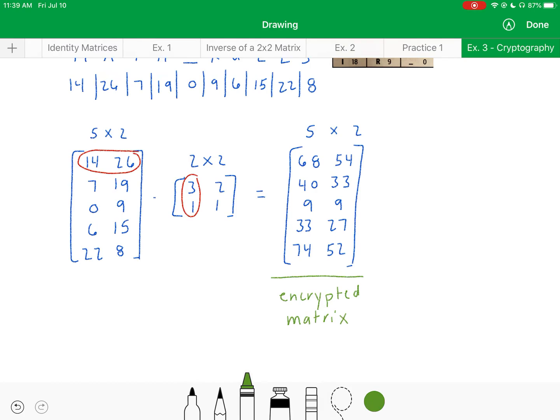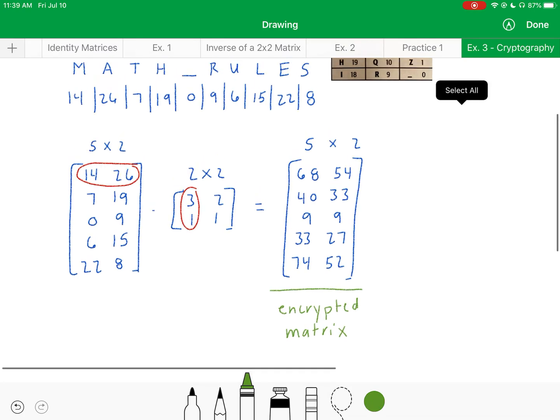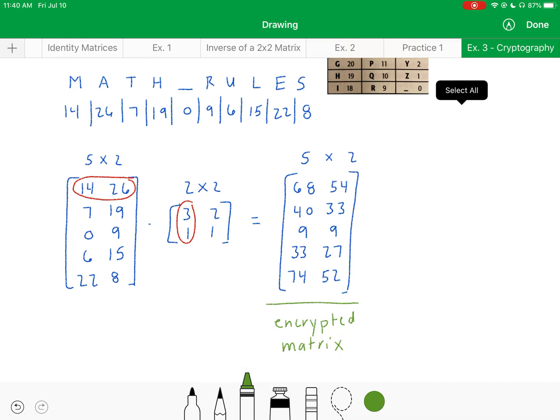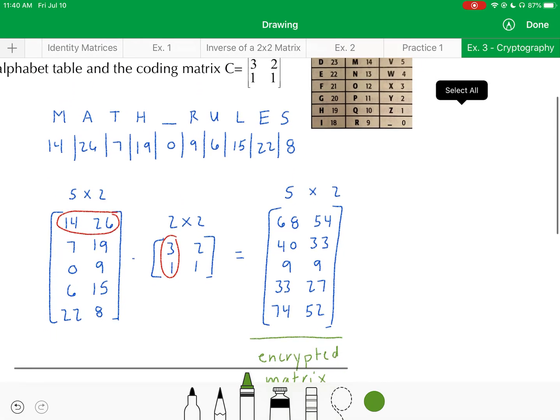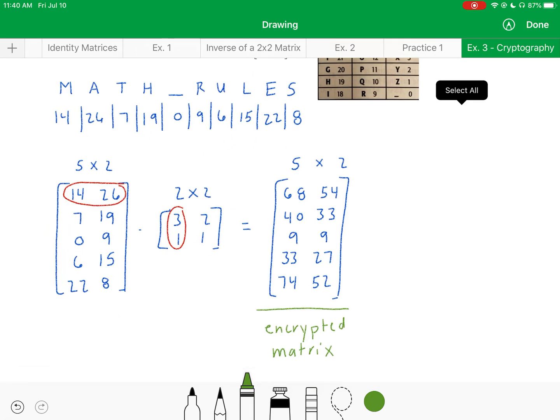Okay, so notice that the majority of the numbers in that matrix don't correspond to any of the letters within the table. So if this encrypted matrix were intercepted by anybody that you don't want reading it, they wouldn't have an idea of what those numbers represent. Okay.